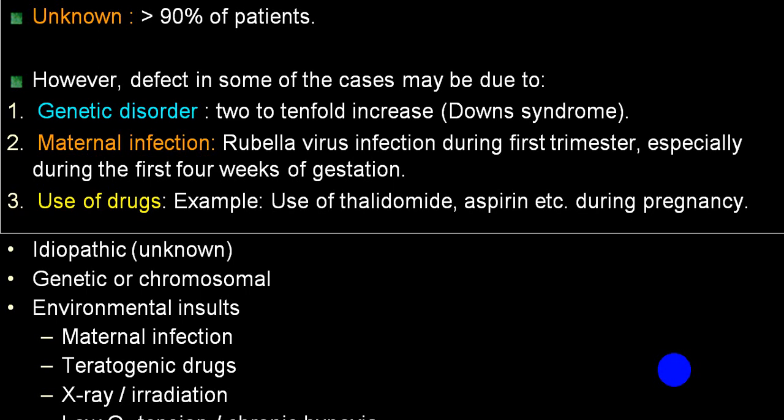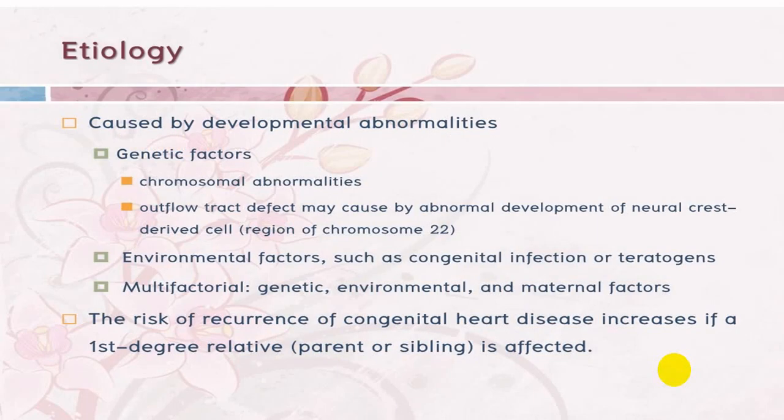Commonly, because of severe hypoxia, it can end up with patent ductus arteriosus. Chronic lupus as well. In environmental factors, we have already told you about some teratogenic drugs. Maternal factors we have already mentioned: if the female is a smoker, alcoholic, or develops rubella in the first trimester, all those can be risk factors.